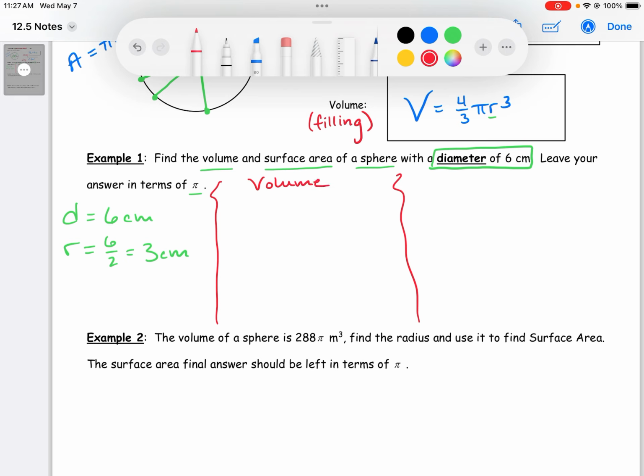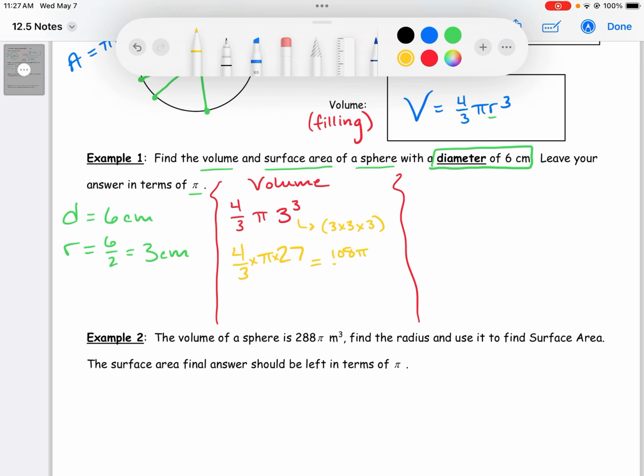So let's start with volume first. And volume is 4/3 pi times the radius cubed. So 3 cubed is the same as 3 times 3 times 3, which is 27. So you have 4/3 times pi times 27.